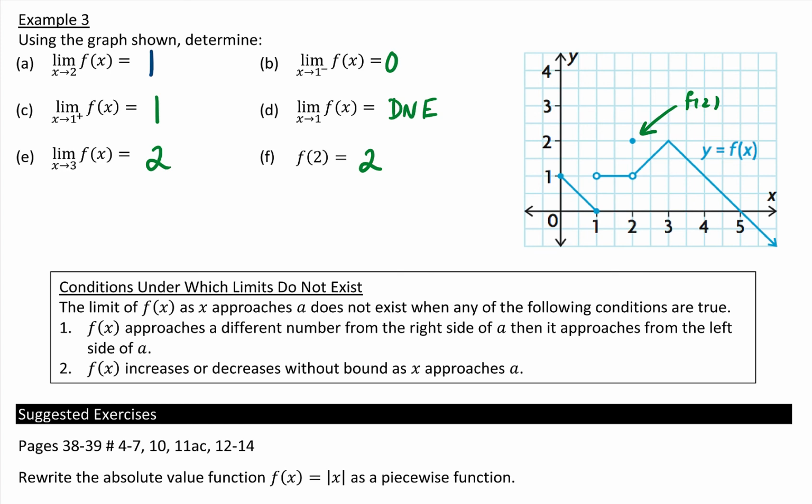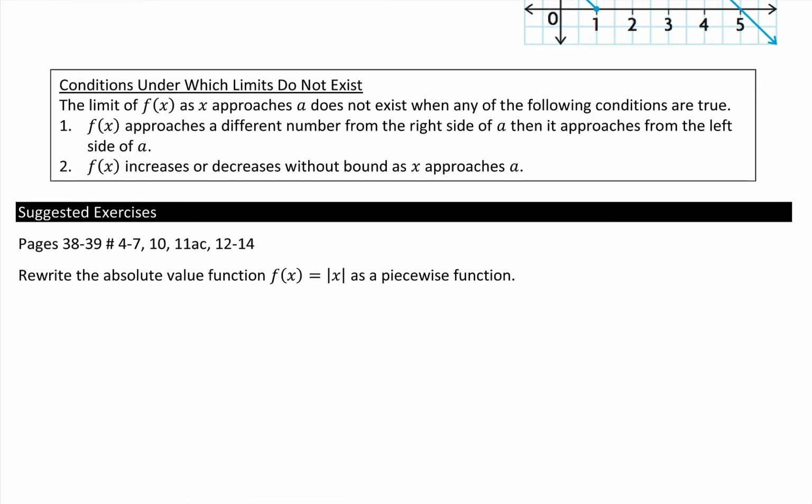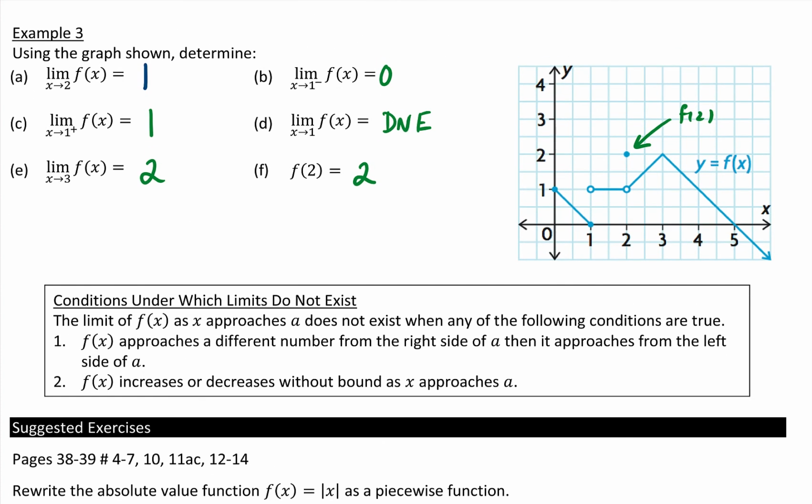So last part. Conditions under which limits do not exist. The limit of f of x as x approaches a does not exist when any of the following conditions are true. First thing, f of x approaches a different number from the left side than from the right side. So that would be like the example we have here. As you approach 1, we have different numbers.